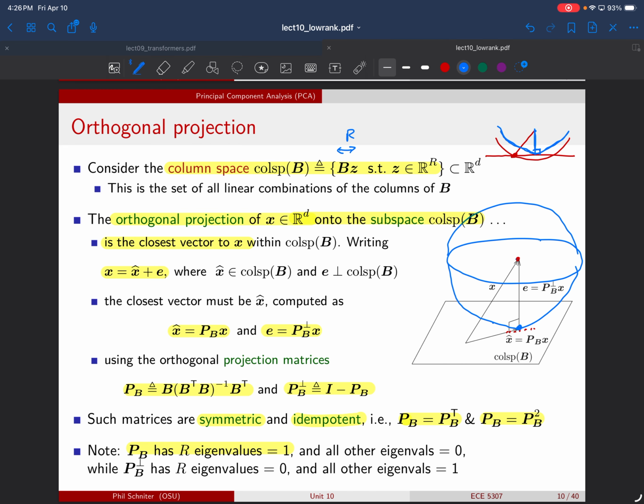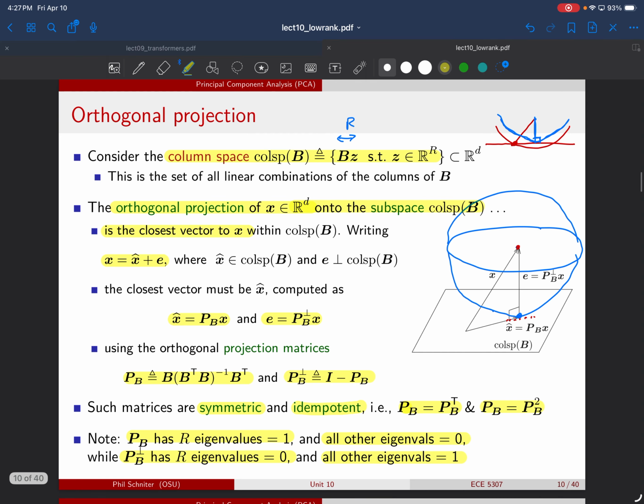So if B has R columns, then exactly R of the eigenvalues of PB will be equal to 1, and all the other ones will be equal to 0. And then because of this I minus property, the eigenvalues of PB perp will have R at 0 and all the other ones at 1, because together they give you identity. Okay, so that will come in useful later. All right, any questions on orthogonal projection?